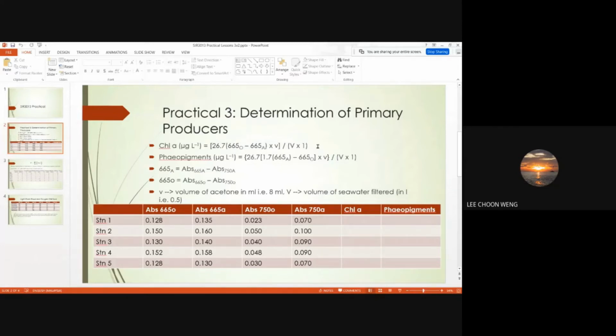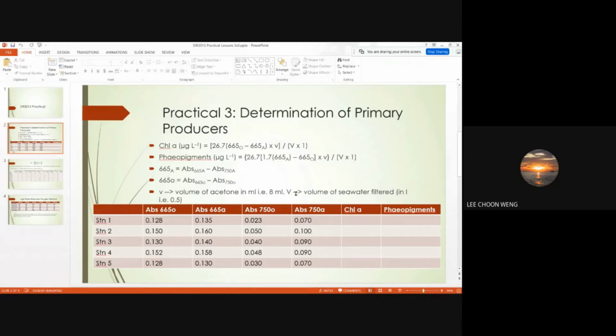these are all straightforward. You see a small v and a large V here. So the small v is volume of acetone in mil. Then the large V is volume of seawater in liters. So if it's already 0.5 liters or if it's in 8 mil, you don't have to convert everything to liters. Okay, because the equation has already taken into account the different units.